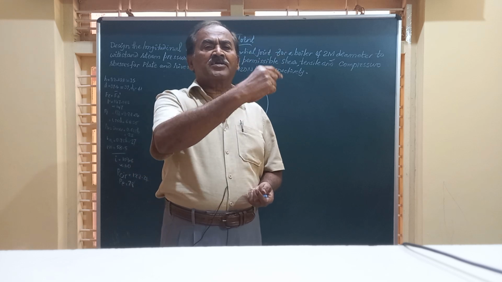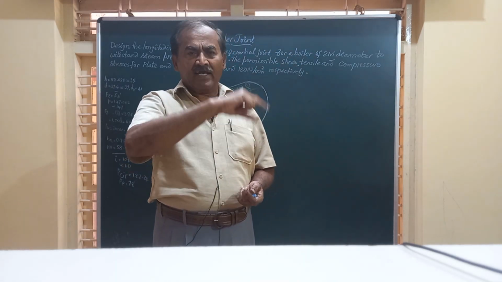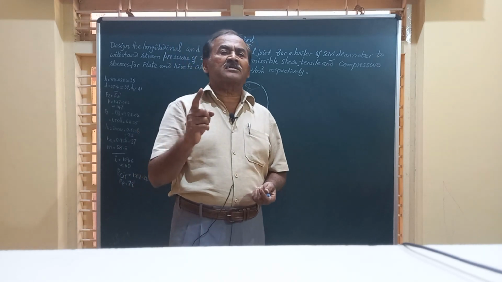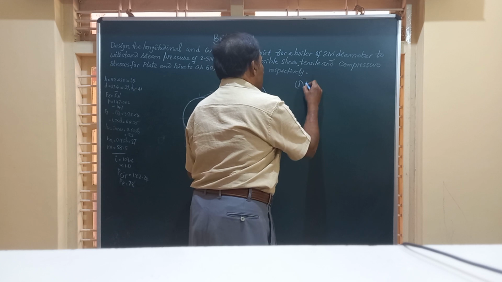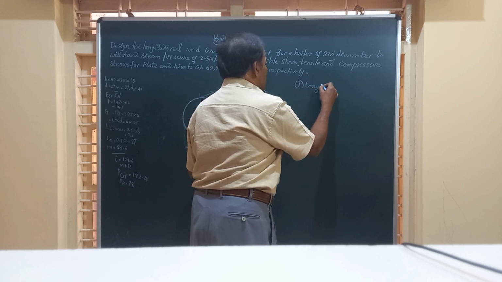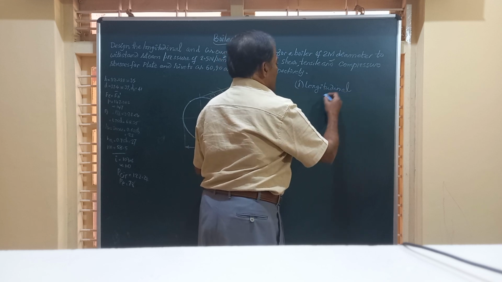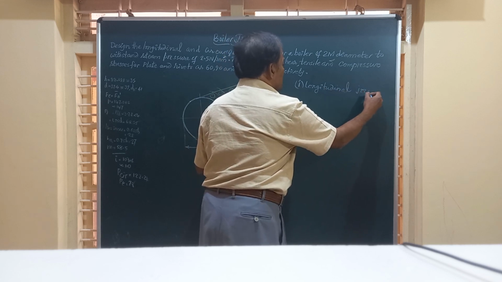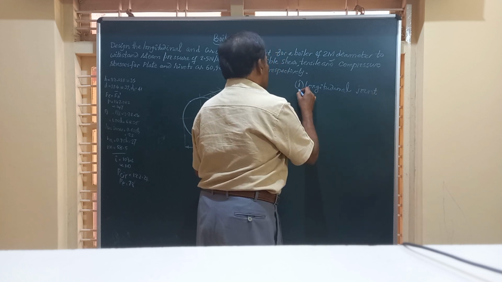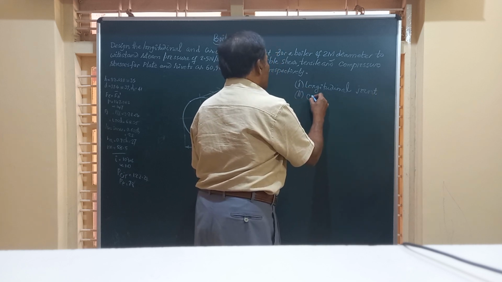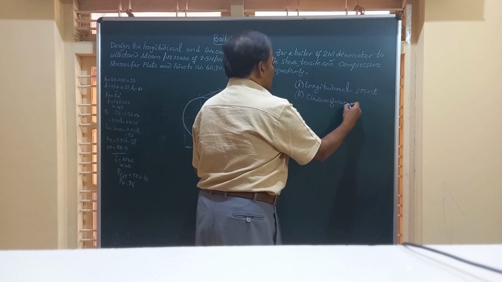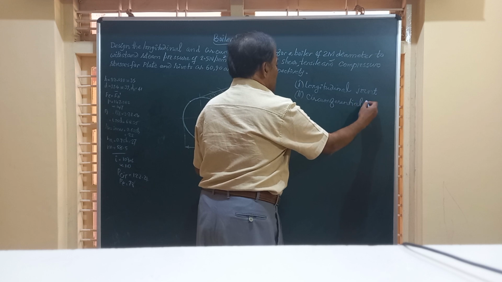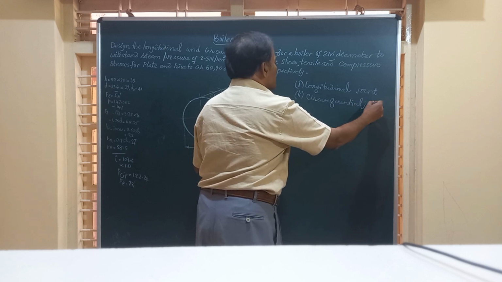One is for the length of the boiler or the shell, which is called the longitudinal joint. The second one is the circumferential joint.